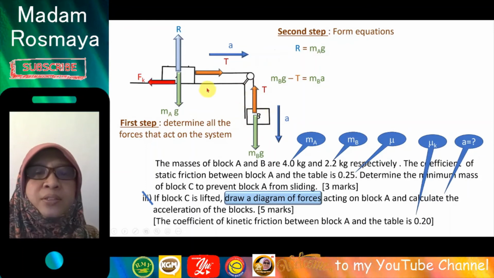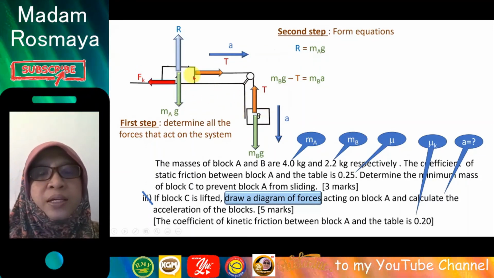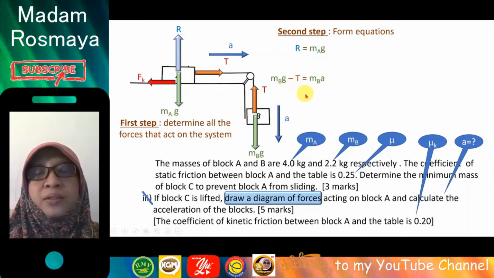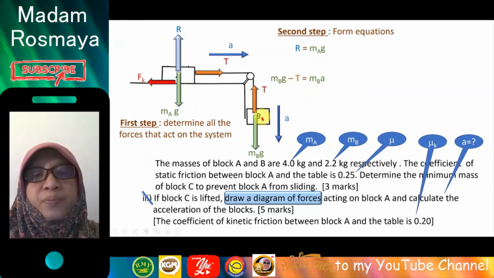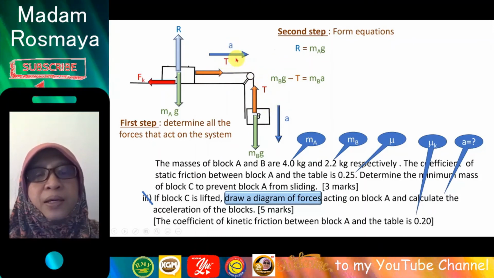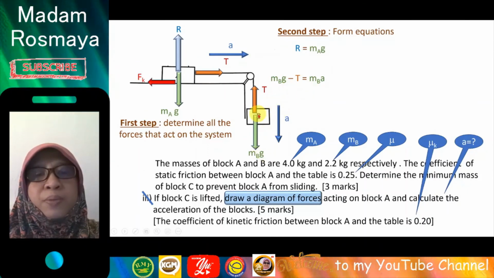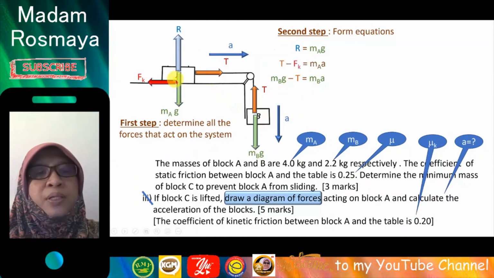Okay, we separate these two bodies. We use this method to form the equations. Both will accelerate with the same acceleration A. So MBG minus T equals MBA for block B. For block A, we do the same.